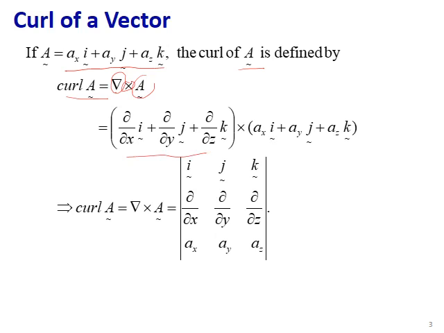You see here, this is del and this is A. For the curl we will arrange i, j, k, partial over partial x, partial over partial y, partial over partial z. This is the del. Then Ax, Ay, Az, this is the vector. Now we do our task here.